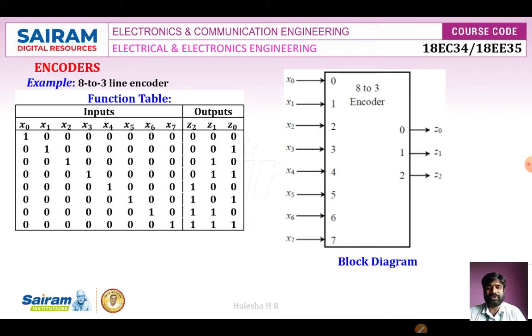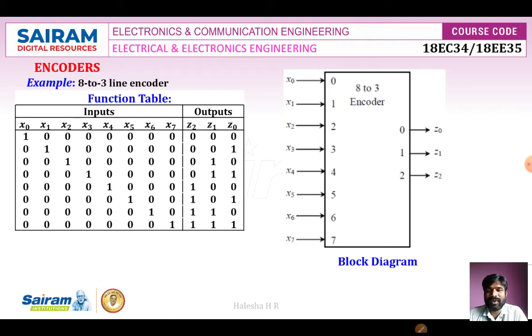No issues. Observe the first row. On the input side only one input is selected, that is x0. On the output side, the corresponding binary code is 3 zeros. In the second row, x1 is selected, the remaining are not selected, so the output is the corresponding binary, that is 0 0 1. So only one input is selected and the output is the corresponding binary.